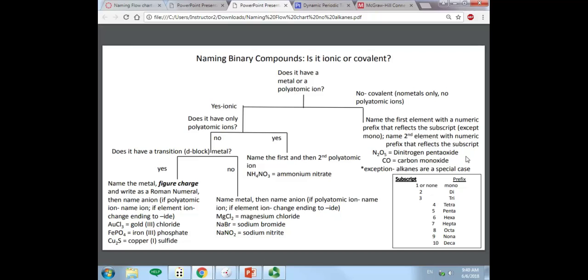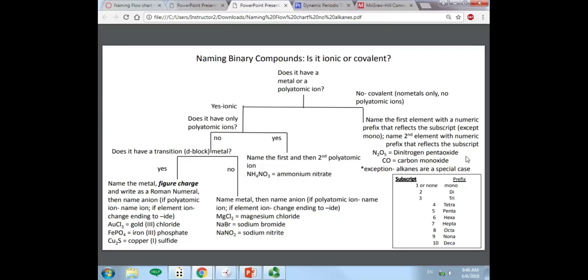I don't know. That would be a multiple choice, not a spelling. Yeah, I feel like it should have decaoxide. This isn't a real molecule. I just made it up. The only exceptions are ones that we're not focusing on in our class, which are hydrocarbons, carbon and hydrogen compounds. So we're not going to worry about that for our class.